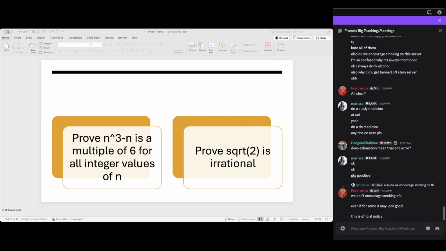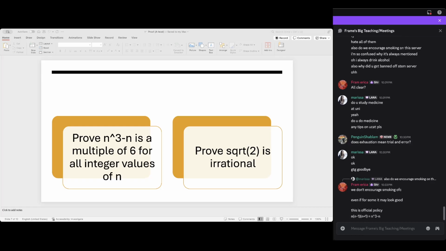Now you understand that n minus 1, n, n plus 1 is equal to n cubed minus n, and these are all integers.